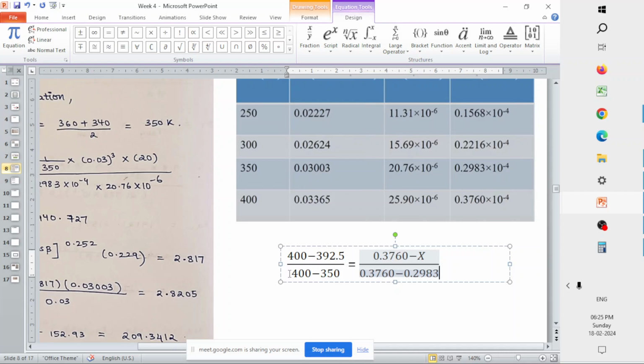Let's say if it is not 392.5, let's say it is 360, then we just plug in the value 360 here. Suppose you have a temperature of about 320 degrees Celsius, you can plug it in here and then calculate. This is one way, or if not you can change it here.